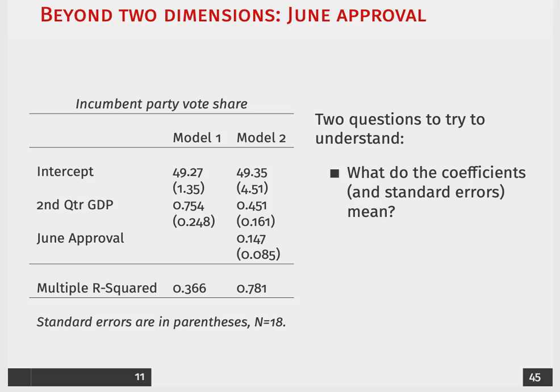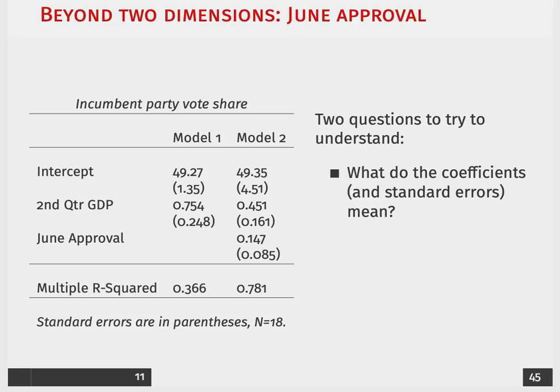So here in model 2, we can see that when quarter 2 growth increases by 1, then we have an estimated increase of 0.5 in the incumbent party's vote share.